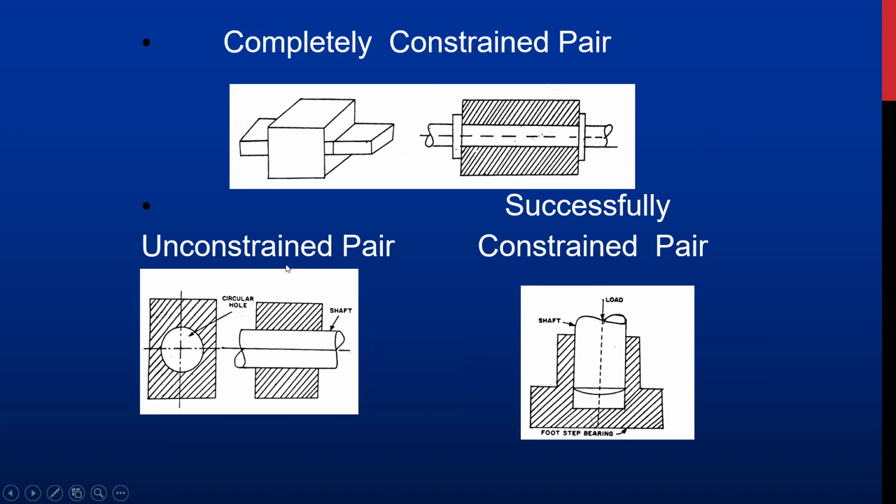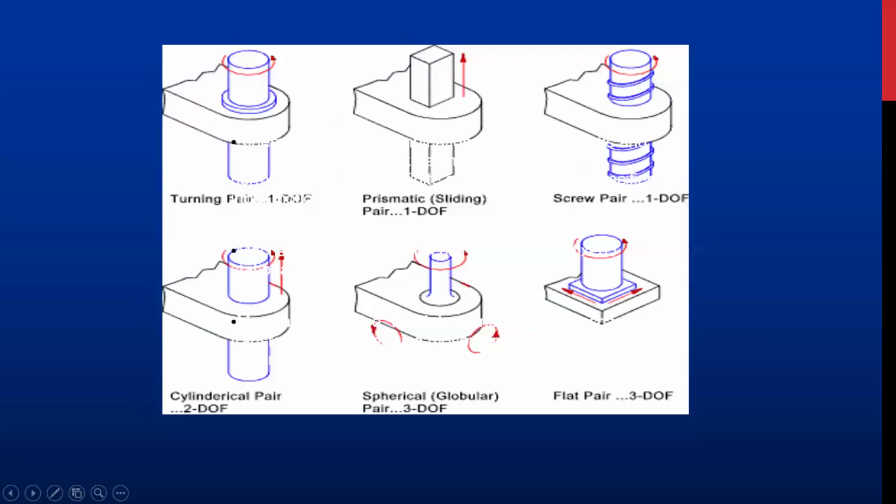That is an unconstrained pair. But for a successfully constrained pair, we have a shaft, for example in a footstep bearing, moving through the bearing, and this shaft can only rotate. These are other types of constrained motion, and I believe in the book you can get more explanations to learn more.